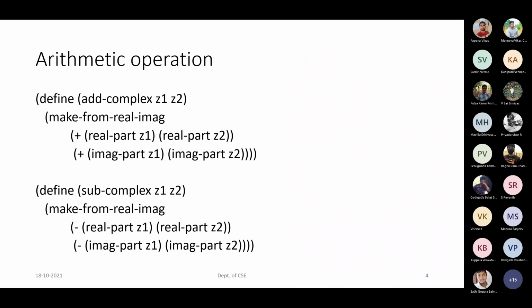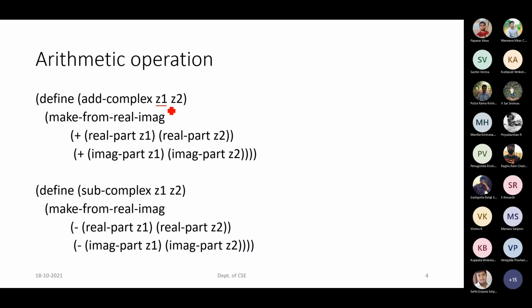So keeping that in mind, if we define these complex numbers and apply the arithmetic operations, how can we define adding of two complex numbers? The arguments which we will be passing will be Z1 and Z2, which will be either in the rectangular form or polar form representation. We are not bothered about that right now.